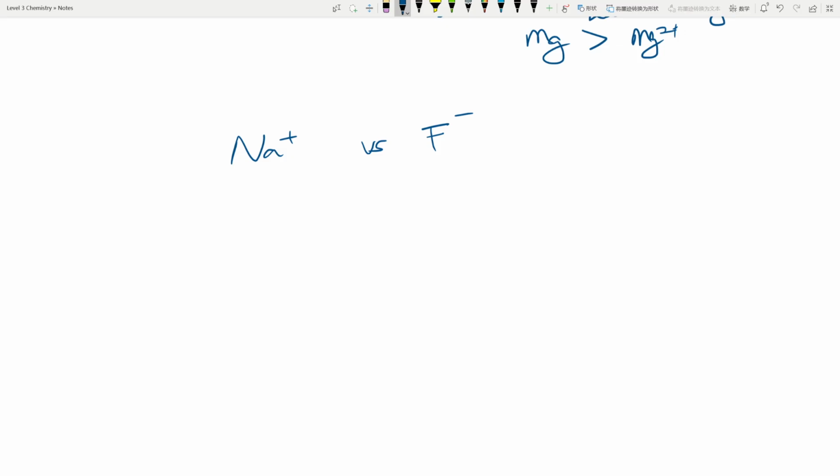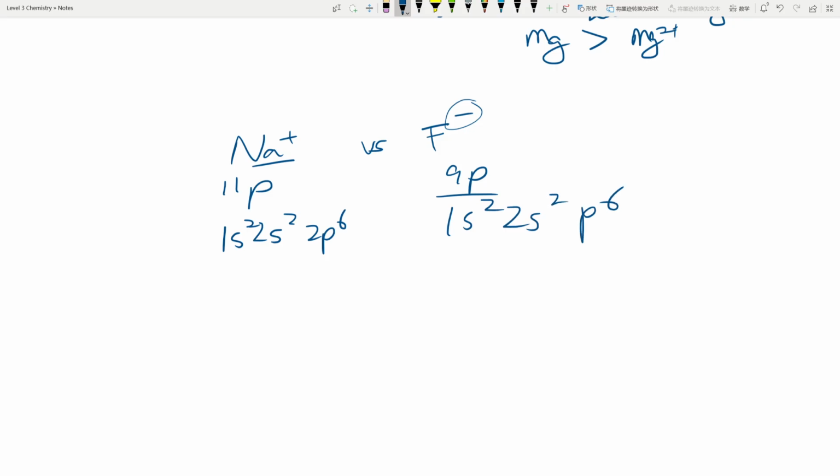But if you actually look, this has 11 protons, this has 9 protons. What is the Na plus electron configuration? You lost electrons, so it's 1s2, 2s2, 2p6. What's fluorine's electron configuration? You gain electrons, so it's 10 electrons, 1s2, 2s2, 2p6. It's the same electron arrangement, so they have the same shielding effect, but Na plus has more protons.